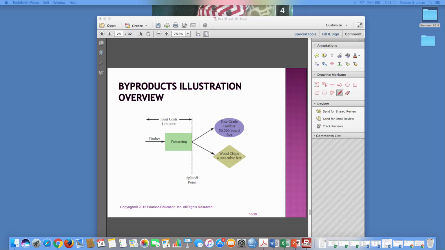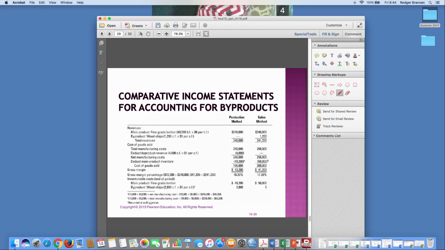All right, byproducts. Byproducts are something that occur not on purpose, but as sort of an accident of production. So if you're going to process trees into lumber, you're going to end up with wood chips. You're going to end up with sawdust. Byproducts are not the intent of my production process. The question is, what do I do with them? In the case of wood chips, there is a little bit of a market for it, and in this case, we're going to assume that what we can get for it is the cost.